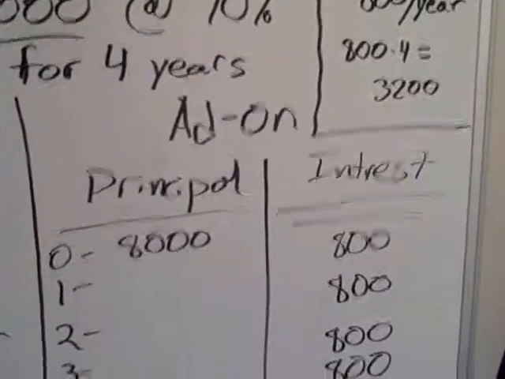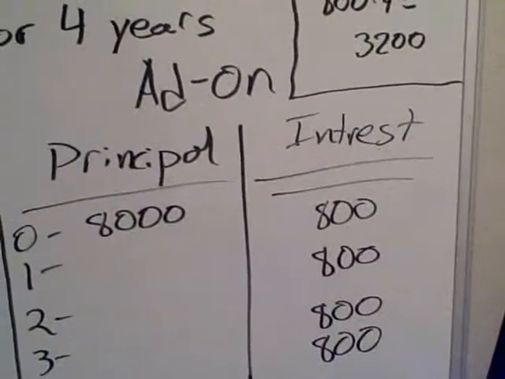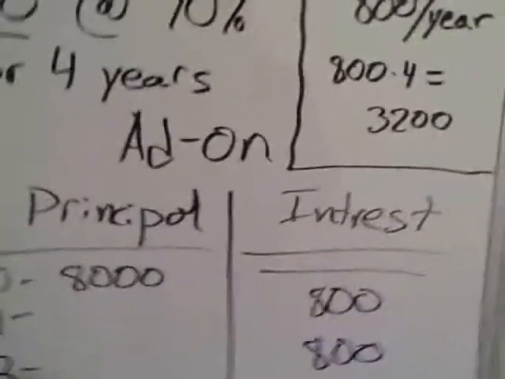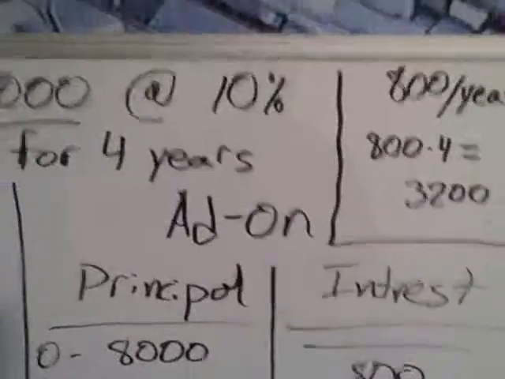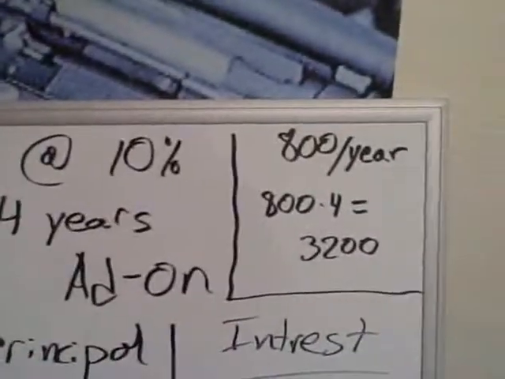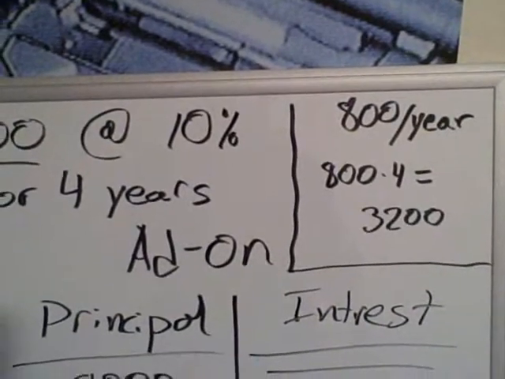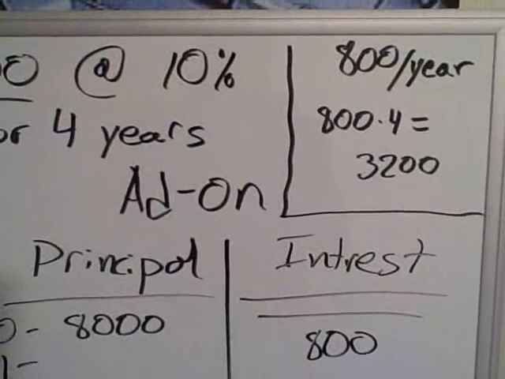On the add-on method, the principal, the interest, your entire payment will remain the same the entire time, which sounds really nice to a lot of people because you know exactly how much you're paying, and in all honesty, this calculation for interest looks really simple, so you understand what's going on. So a lot of people, whenever they have a lender offer them this, it makes sense.